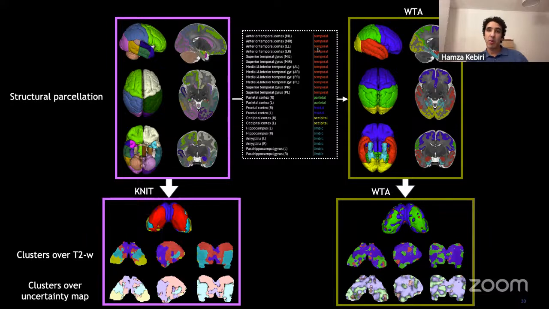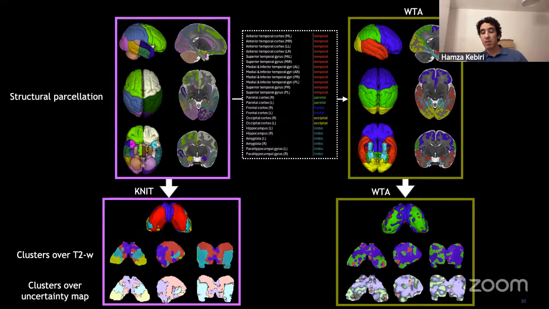So basically these different labels are the different lobes. We just took the labels that correspond to the temporal lobe and assigned them to temporal, then the same for the parietal, the frontal, the occipital, and then the limbic areas, so the subcortical areas.